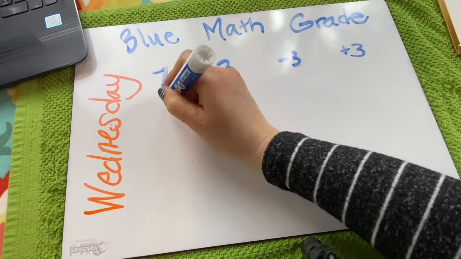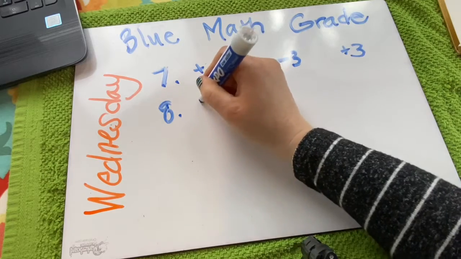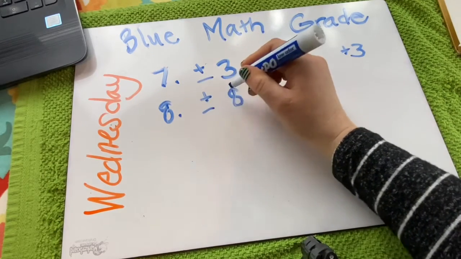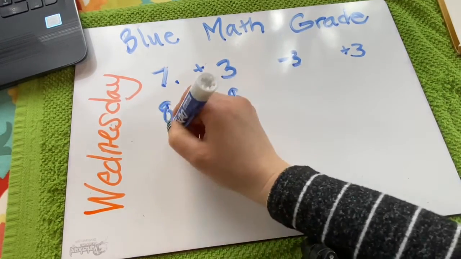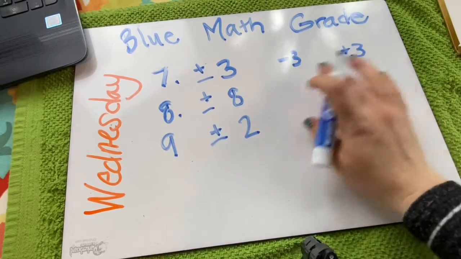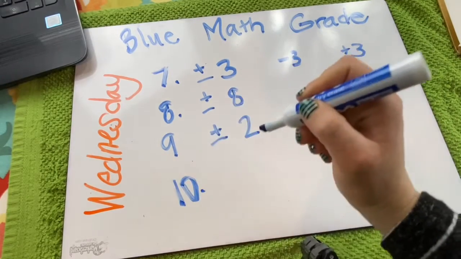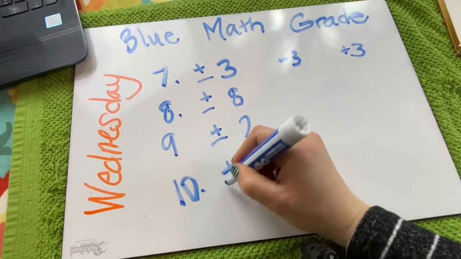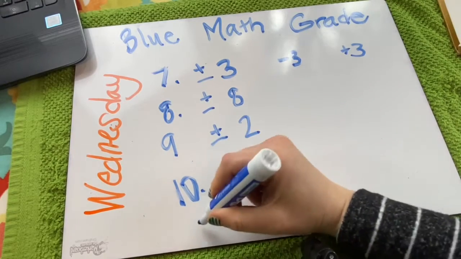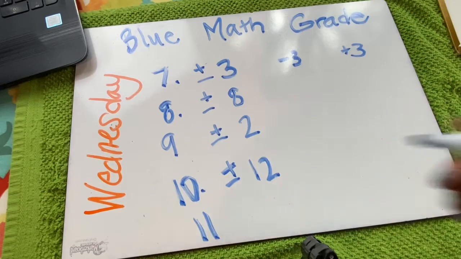All those work. Okay. Number 8 is plus, minus 8. Number 9 is plus, minus 2. Now, if you wrote it like this, that's fine also. Number 10 is plus, minus 12. Number 11 is 25.